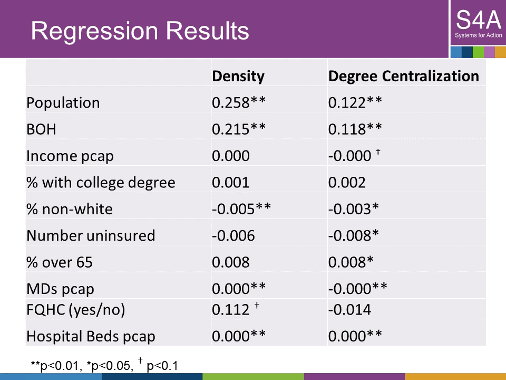The portion of the population that's non-white was both negative and highly significant for density and marginally significant for degree centralization. We saw a similar pattern with the number of insured. It actually was not significant with density, but was with degree centralization.